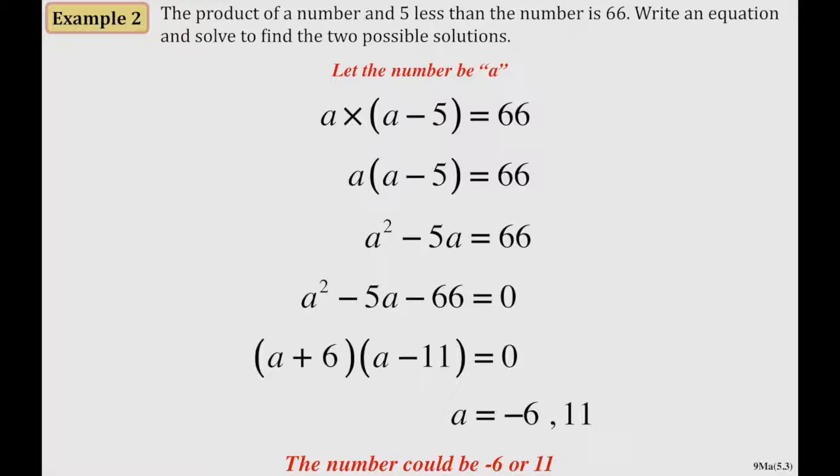Let's just think about that for a moment. If you have negative 6 and you times it to 5 less than negative 6, 5 less than negative 6 is negative 11. We times that together and you get 66, which is what we want. If you started with the number 11 and times it with 5 less than 11, we also multiply that to get 66. So both answers are correct.